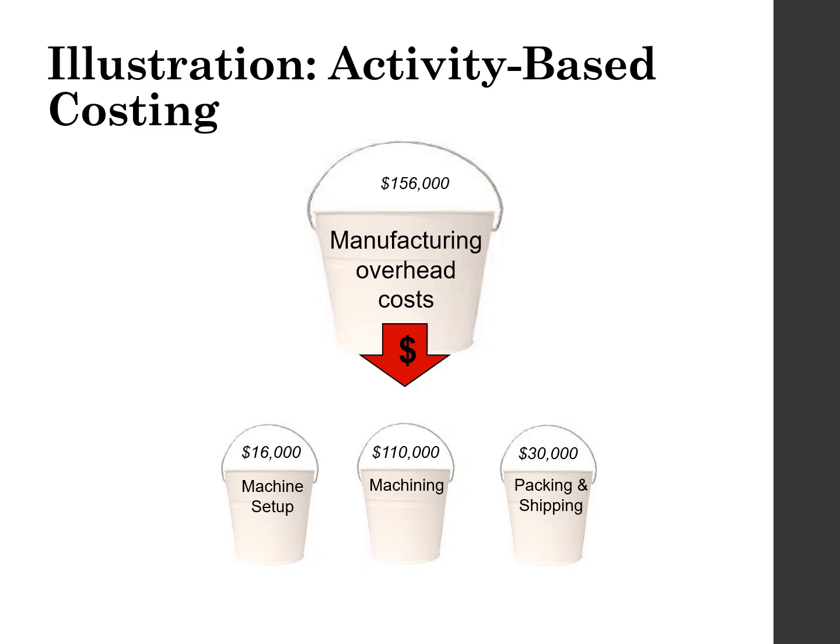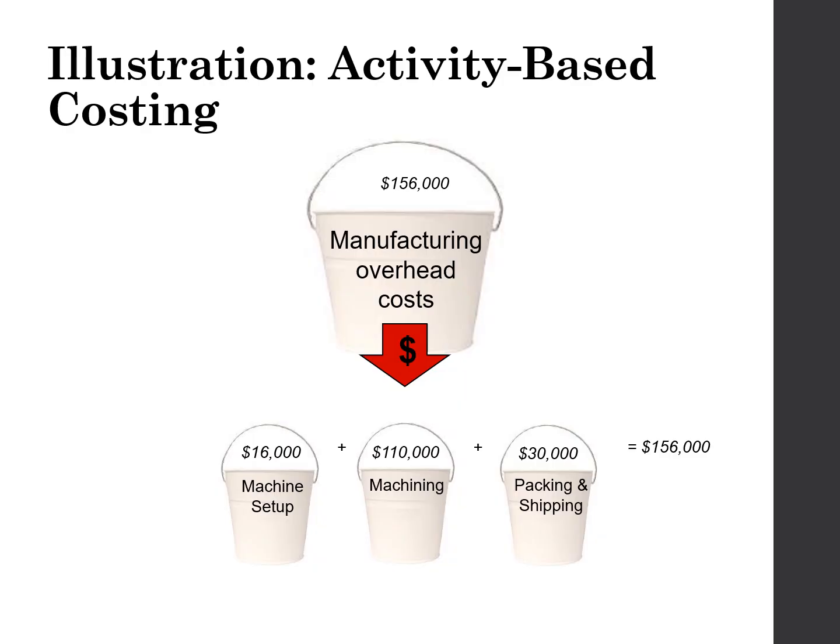Machine setups are assigned $16,000, machining $110,000, and packing and shipping $30,000. The sum of these costs must equal $156,000.